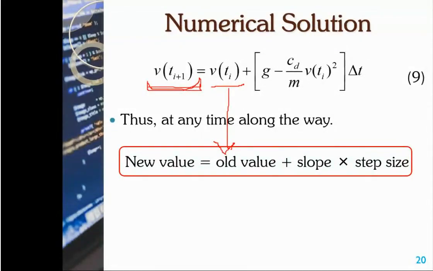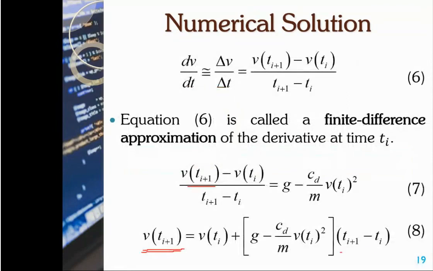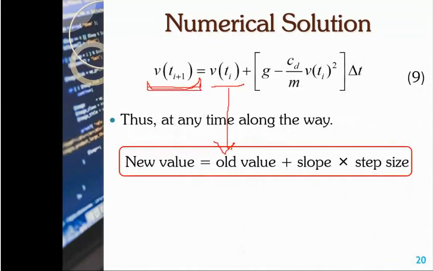And remember that from here, we have a certain t minus a past t, which is also the same as the change in time, which is exactly the change in t here. And this change in t is what we call the step size.